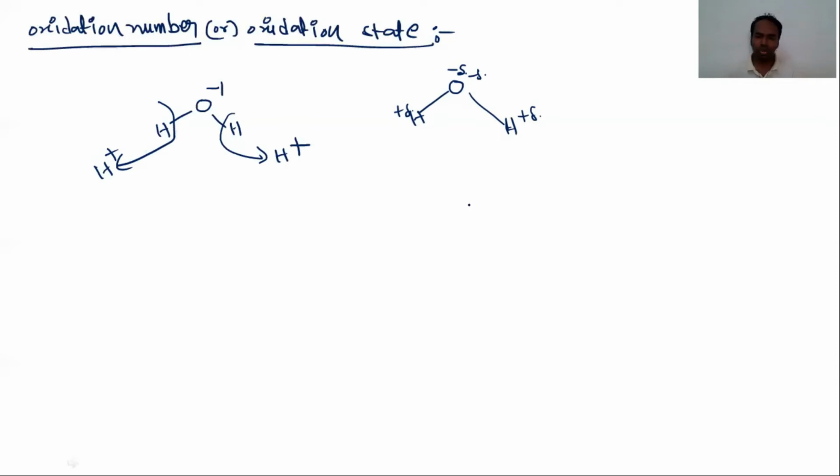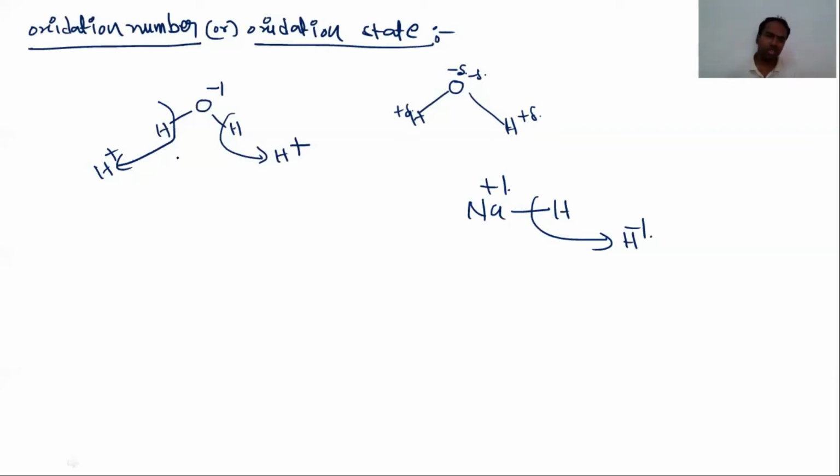For example, sodium hydride. Here we cannot remove the hydrogen as H+. Here it is H-. Then what is the possible charge that appears on the sodium? +1. So based on electronegativities, we can identify whether it is H+ or H-.